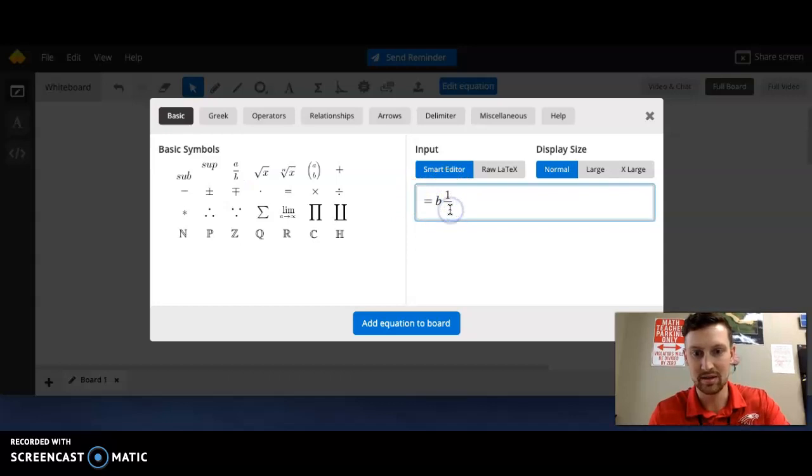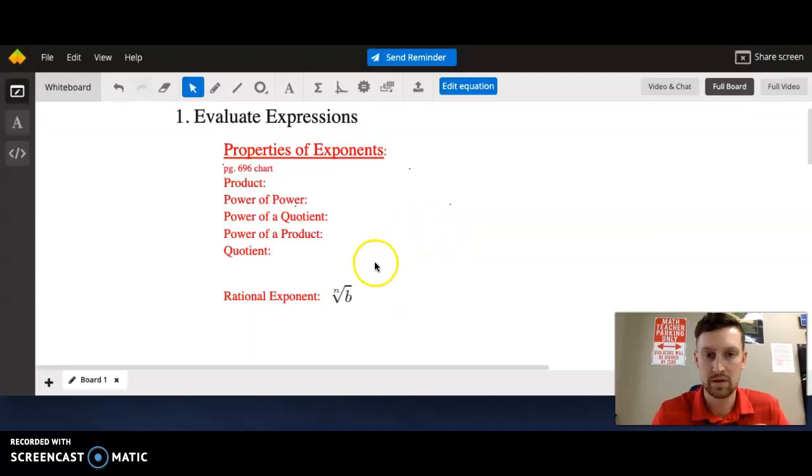Let's try that. So essentially, remember the root, if you can see my pointer here, the root n is the index. Underneath the root, b to the first power, you can then rewrite in this form, b to the 1/n power. So that is your exponent.